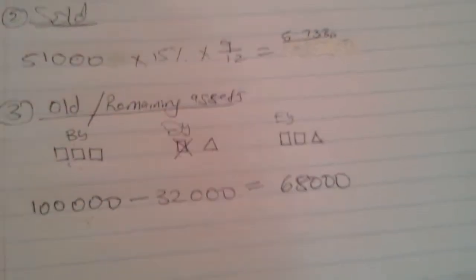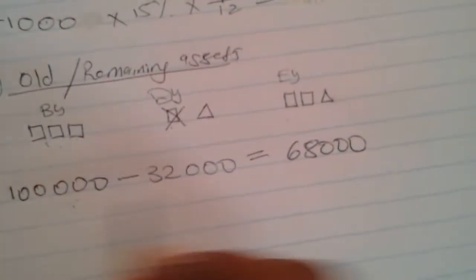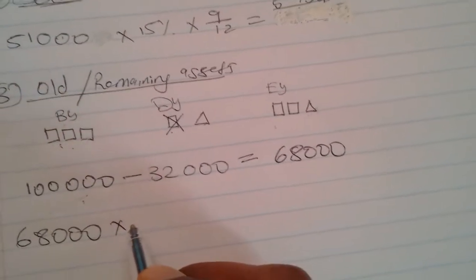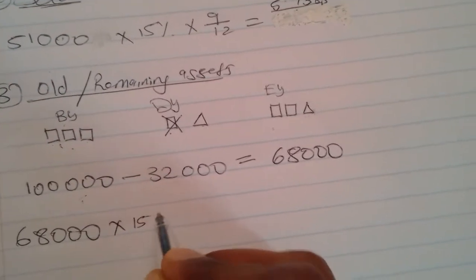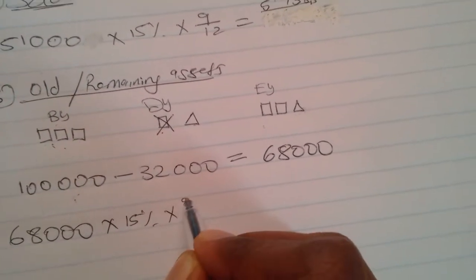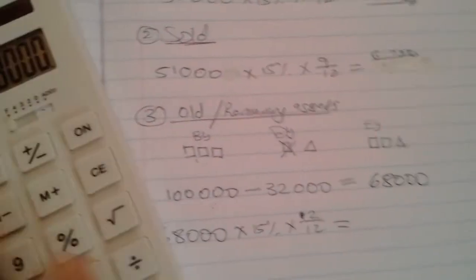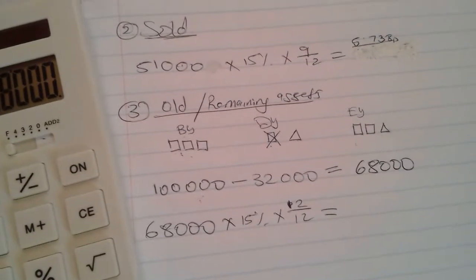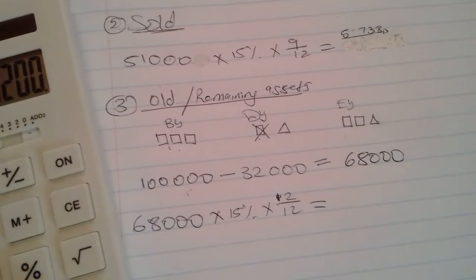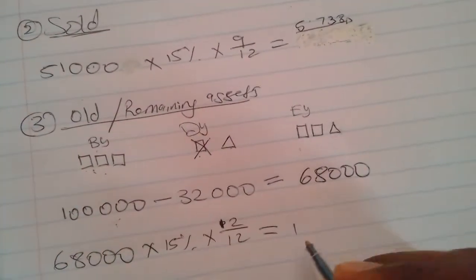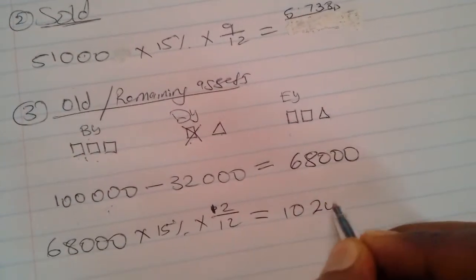So when you calculate depreciation now, you have the cost of 68,000 multiplied by 15% multiplied by 12 over 12, which equals 10,200.